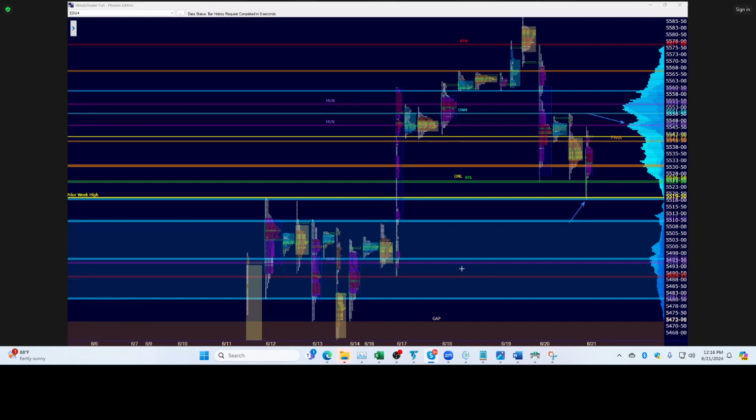We stop there. These lines, these levels were important to me. It's just where I think the market will respect or at least resist it for the first two tries, or if it goes through it, could get some acceleration. Where I feel the market is important, right? So these are decision levels.